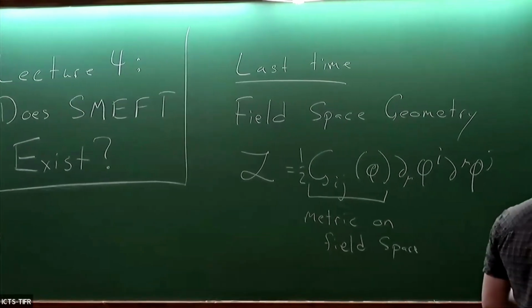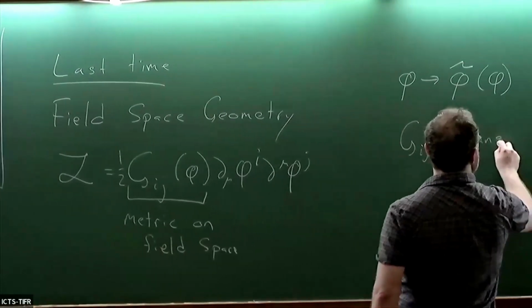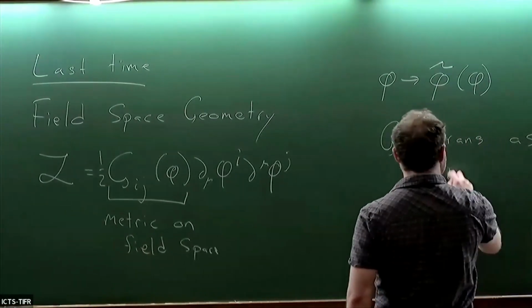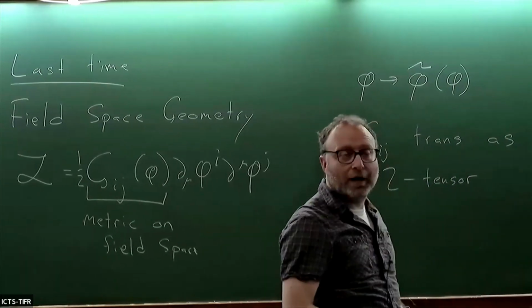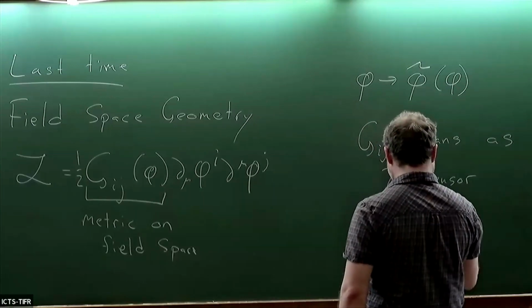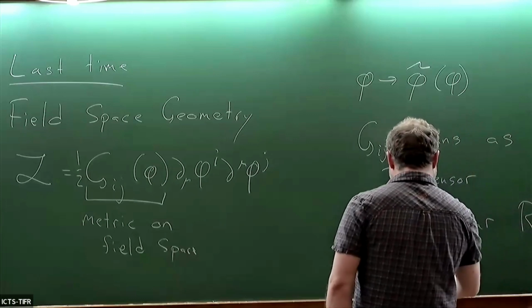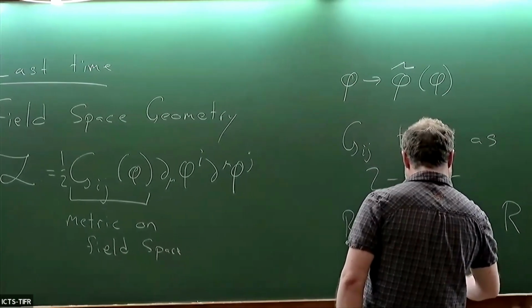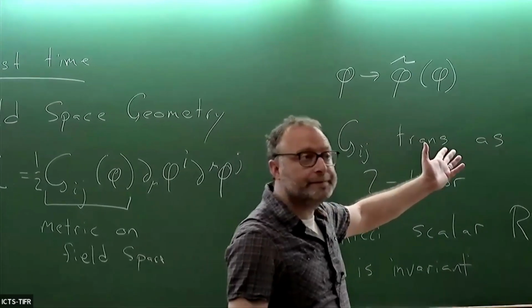And under this, for example, G_ij transforms as a tensor, and we could construct objects like the Ricci scalar, which is an invariant under field redefinitions of this type, okay?